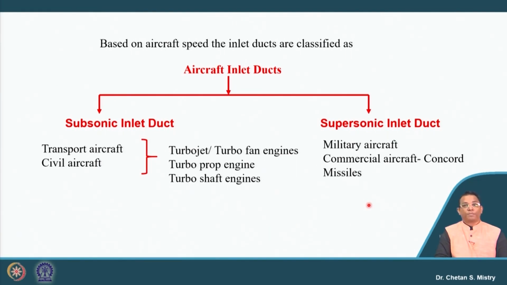So military aircraft, commercial aircraft, Concorde being one example, and missiles. As we discussed in the first week, gas turbines have a wide range of applications, and one of them is the missile.